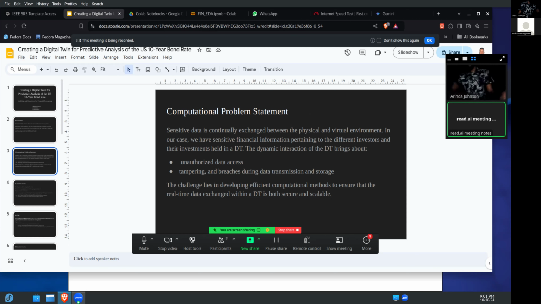So there is always a possibility that you need to stop unauthorized data access, tampering, and breaches during data transmission and storage. The challenge lies in developing efficient computational models to ensure real-time data exchange within a digital twin is both secure and scalable.